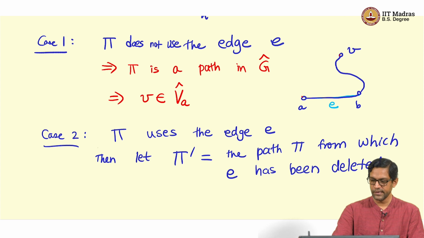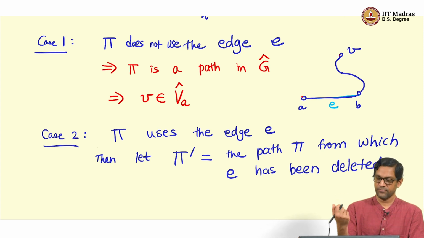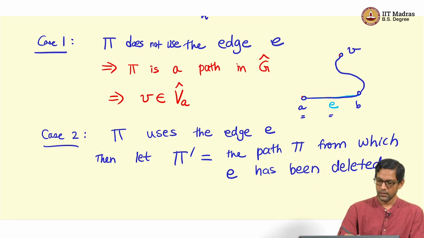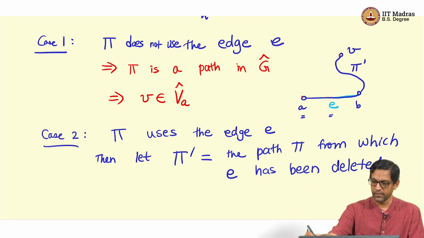We could write it in the notation for paths if we wanted to, but you just write down that sequence of vertices and edges and then remove the first vertex A and the edge E from that path, and then it will just be a new path which starts with B, another edge, another vertex, edge and so on. Okay, so that new path is what I am calling pi prime.